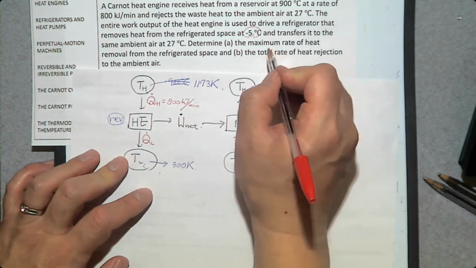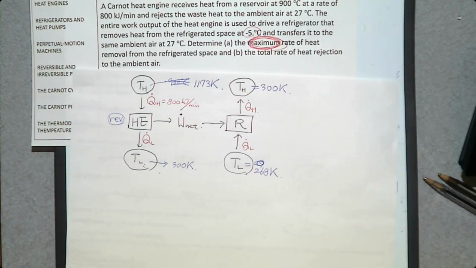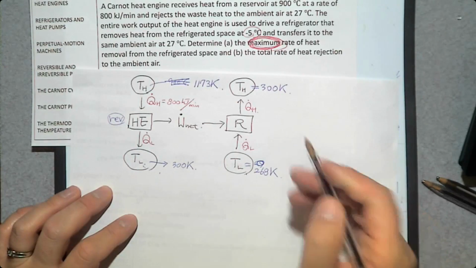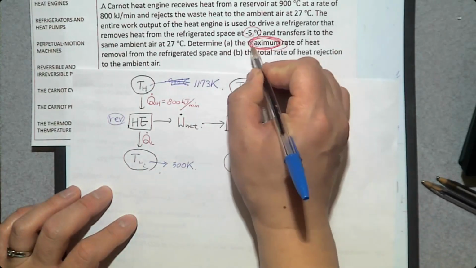Determine the maximum rate of heat removal from the refrigerated space. So it says maximum. When can we remove heat at the maximum rate? When this refrigerator is a Carnot refrigerator, which is reversible. So our assumption is that this one is also reversible because it says maximum.